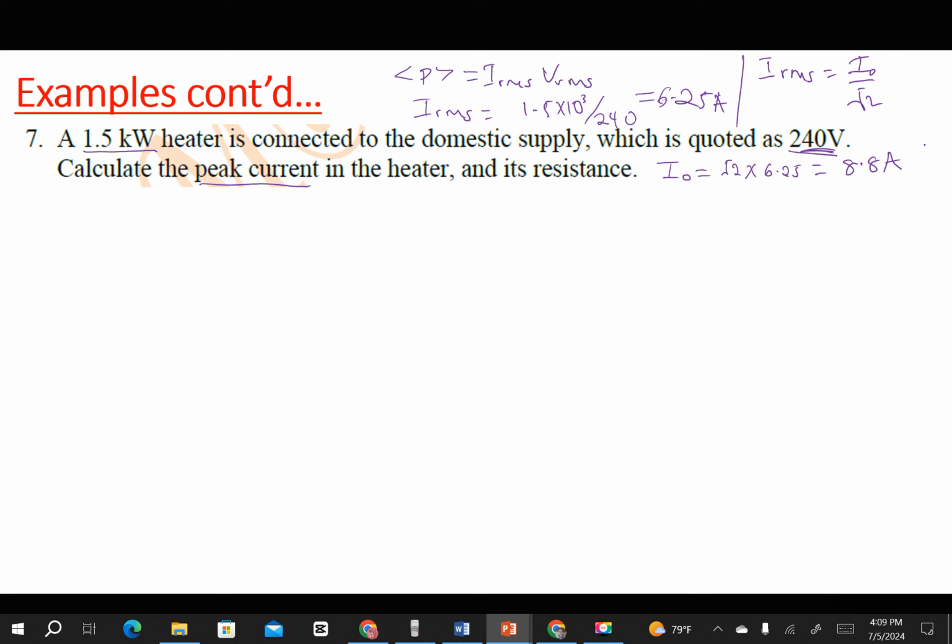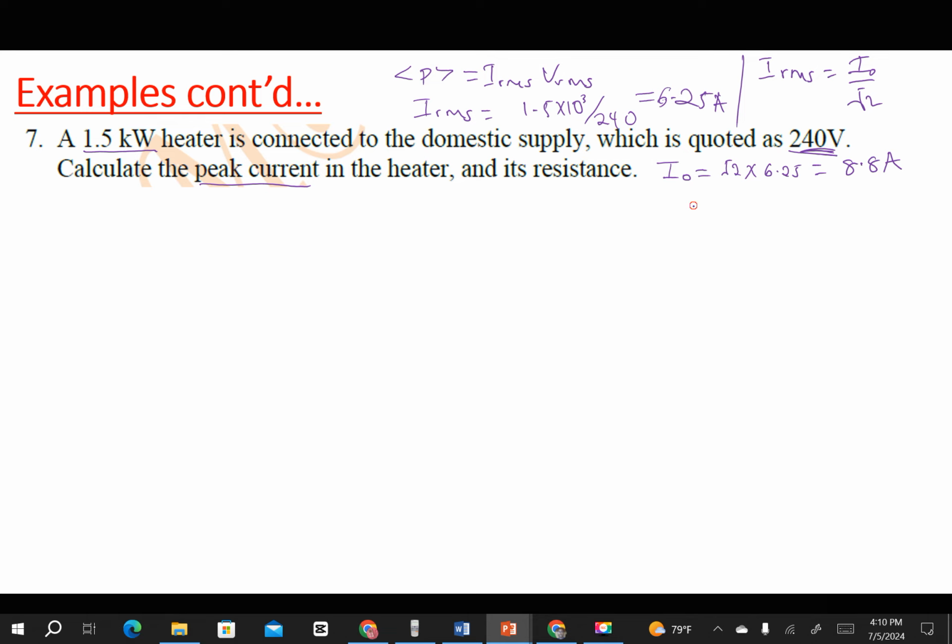Then the resistance. I have the root mean square voltage and the root mean square current, so I can use Ohm's law modified in terms of root mean square values.